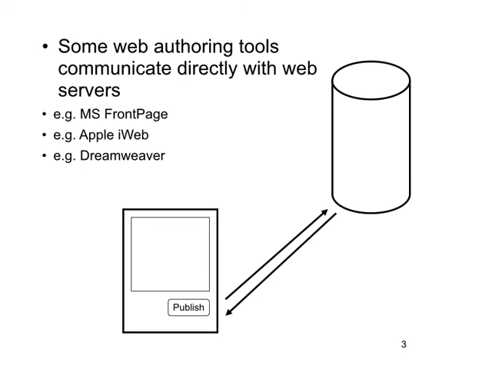Some web authoring tools can actually communicate directly with the web servers. So let's say I have paid GoDaddy my $5 a month, and it's given me a username and password that I can log in and upload the files. Something like Dreamweaver, for example, or Microsoft Front Page might allow me to say, look, this is my URL, it's colinmanning.com, this is my username, this is my password, and then it would connect up to that server and do all the uploading when I go publish, and it'll be all done.